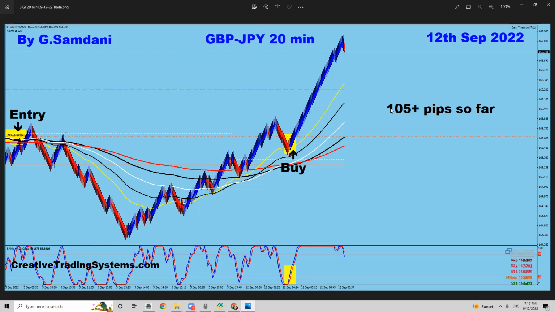This is 105 pip. So this is the beauty of this system, this setup, that you can literally, even if you think that something is going to go up, when you're watching the index, if it is going down, you get the right direction in each and every pair. All right. So this is how the system works.